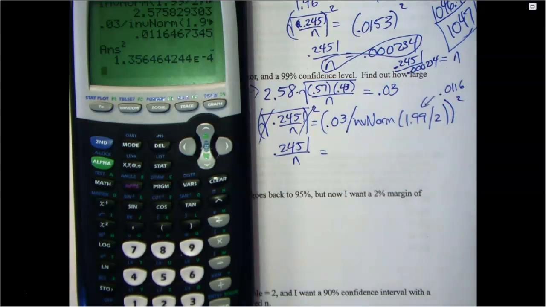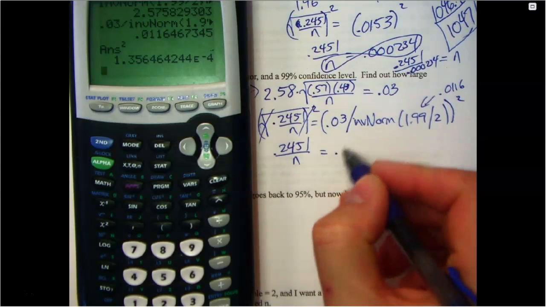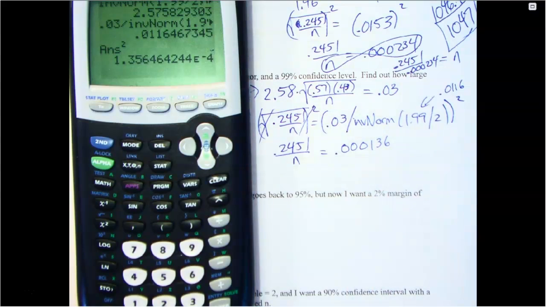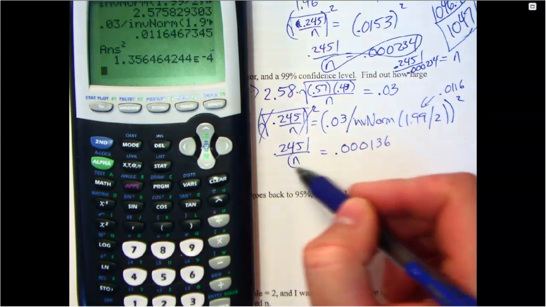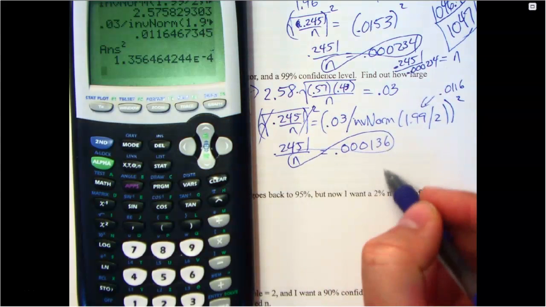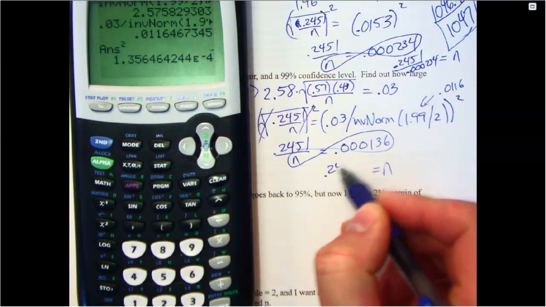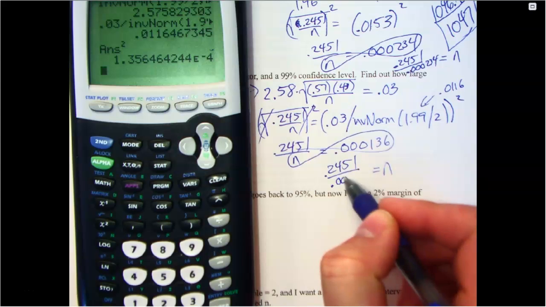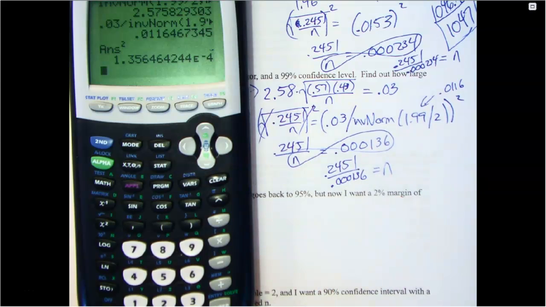So you probably get this E thing in most of these problems. You don't really have to write it down, but if I were going to write it down, it would be 0.000136. And then these two are going to trade spots. So you're going to end up with 0.2451 divided by that number that is in your calculator.